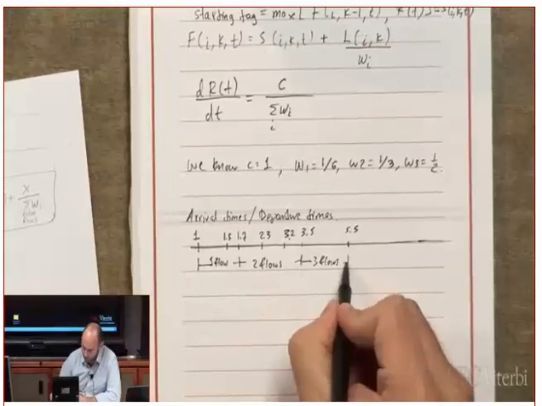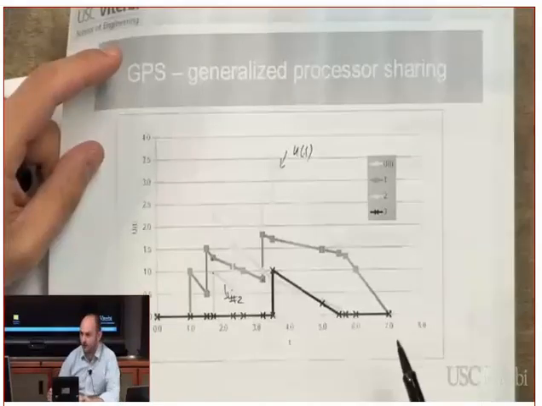And the last change point is at 3.5, where the weights now are, let me write this, why we use those two guys. So now the weights are 1 over 6, W2 1 over 3, and W3 1 over 2.